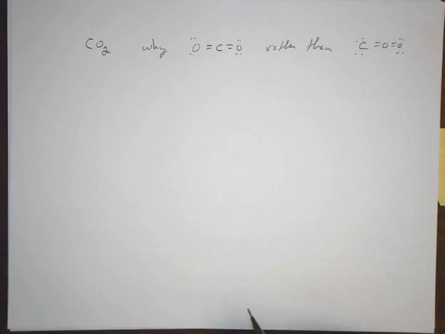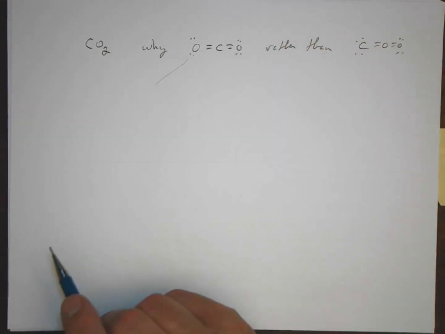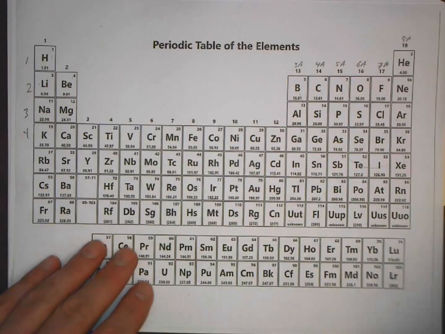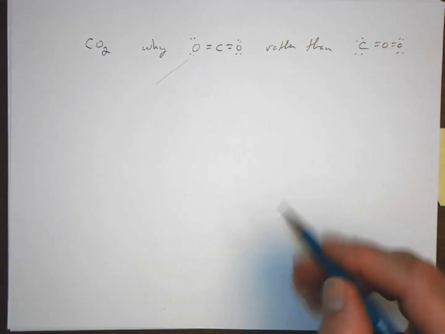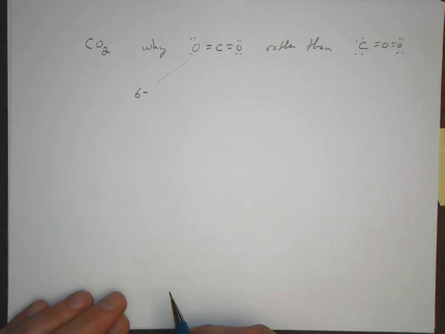Okay, formal charge is, as you remember, so let's calculate it for this oxygen here. It's going to be equal to the number of valence electrons in the oxygen. Oxygen has 1, 2, 3, 4, 5, 6 valence electrons, minus the number of non-bonding electrons.